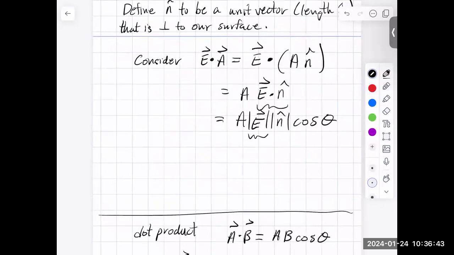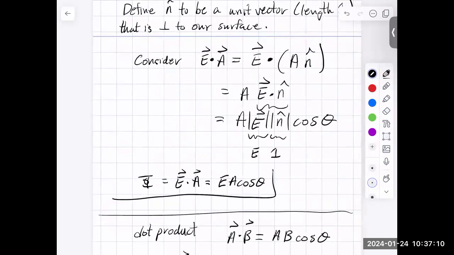But the magnitude of vector E is just the strength of the electric field. The magnitude of unit vector n hat is just the length, but a unit vector always has length 1. And so therefore, this E dot A is equivalent to E times A cos theta, and that's exactly what we had for our electric flux.